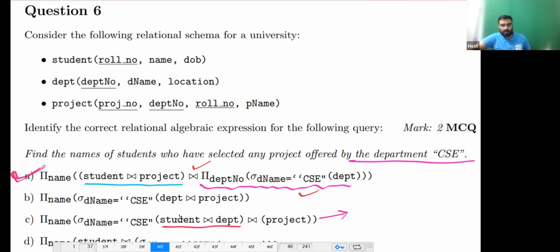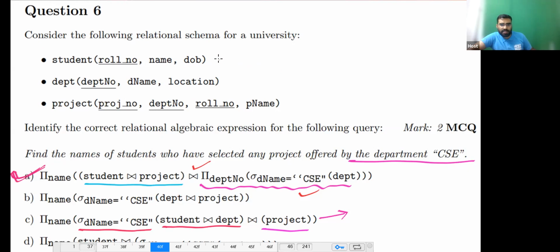You have done the cross product because there is no common attribute. In the cross product, you have selected the CSE department, and then you have done the natural join with the project relation.